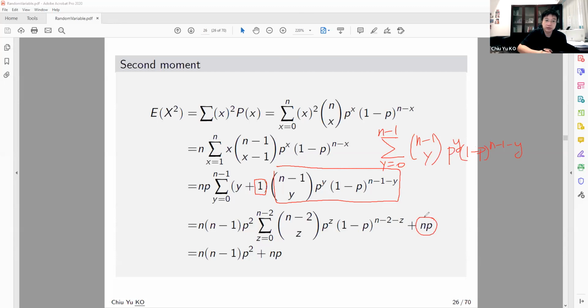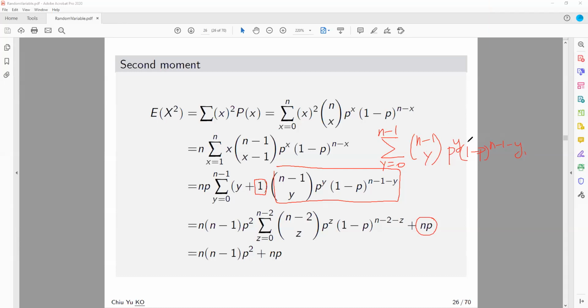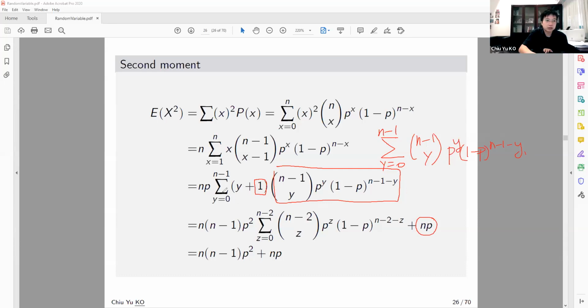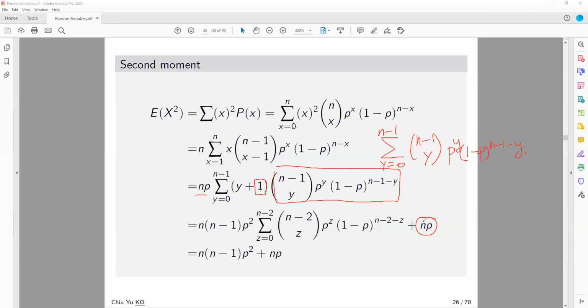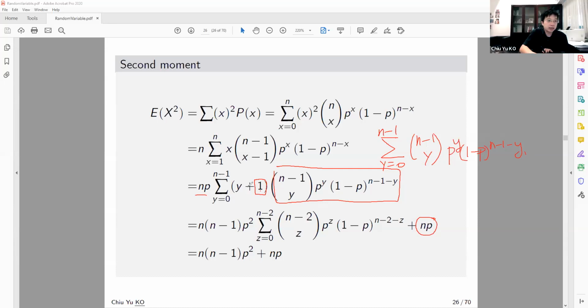Is that okay for this one first? Because this is the binomial. Yes, you mean you separate 1 and y. Yeah, that's why np times 1. This np is here. Can you see this one first? Okay. And then this is gone, so that's why we can erase it because it's here.